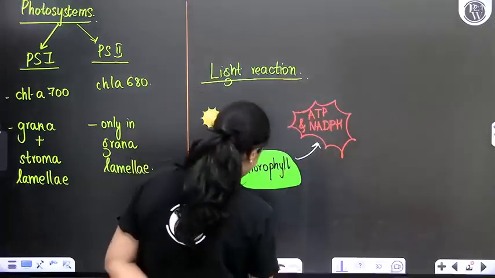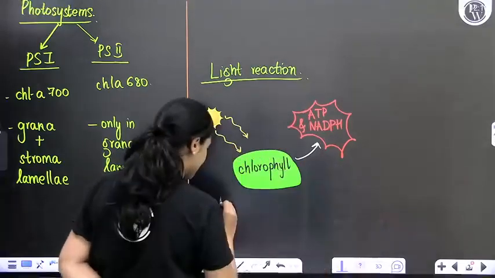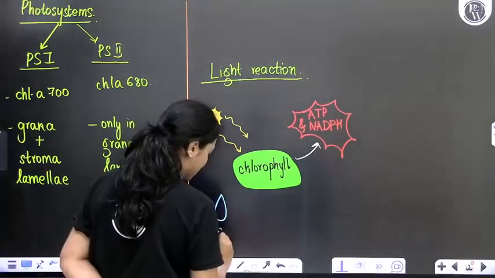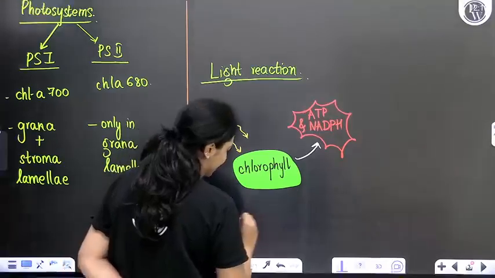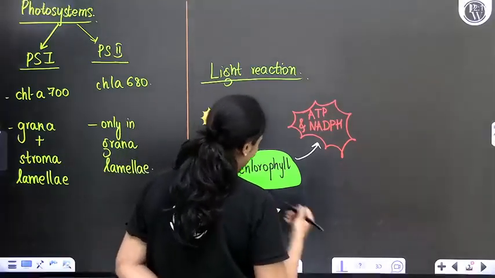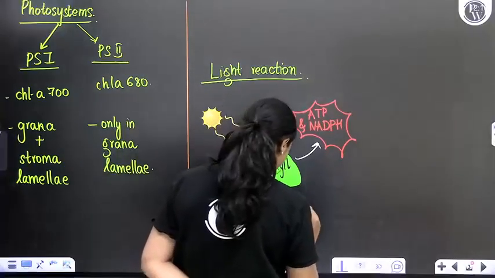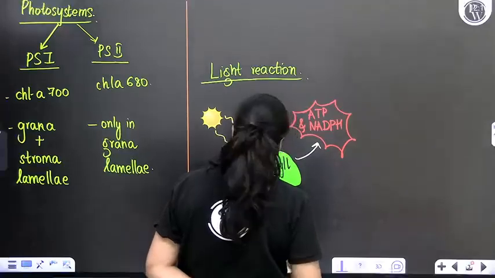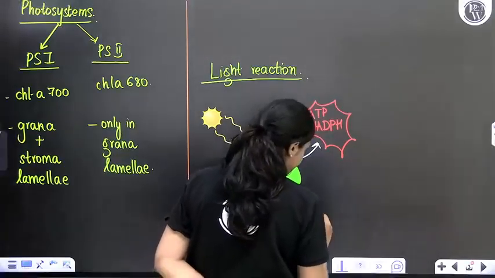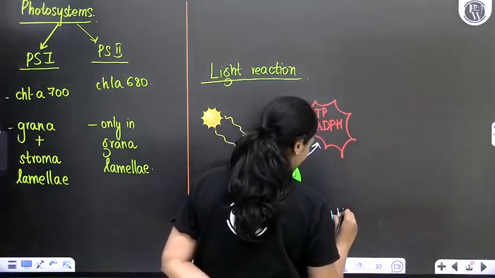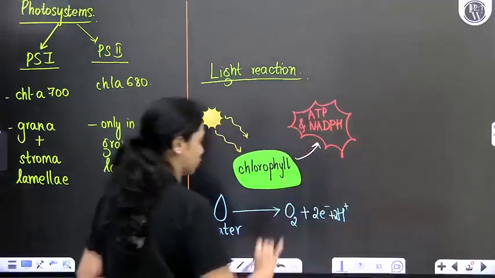Now in this light reaction, another thing that happens is water will undergo splitting or lysis and form oxygen, and it will also release some electrons and protons. More about this we'll study as we move on.